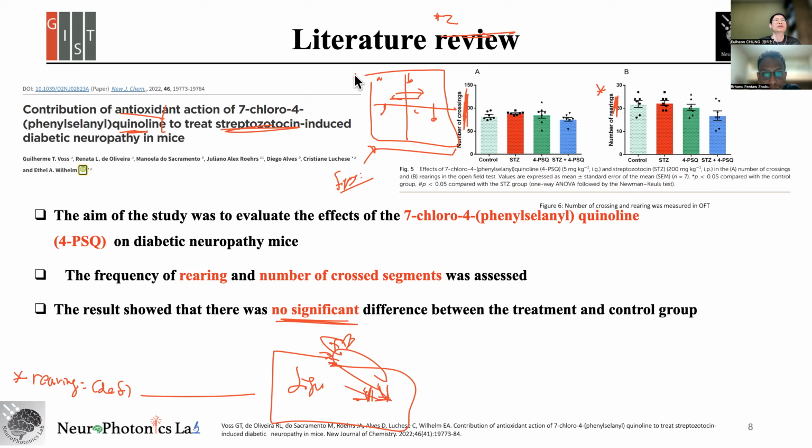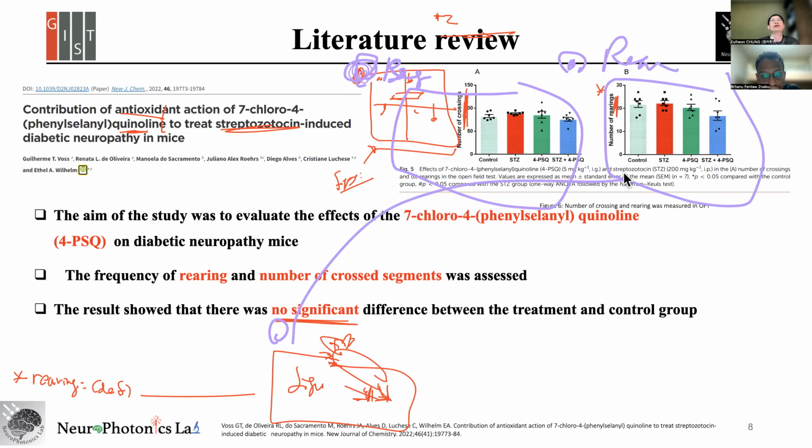So you want to put segment crossing and rearing first. I mean, you have to explain that first. This data is nothing, okay? You want to put the rearing and crossing behavior because we are focused on those two.